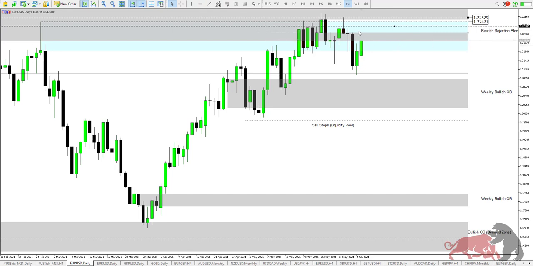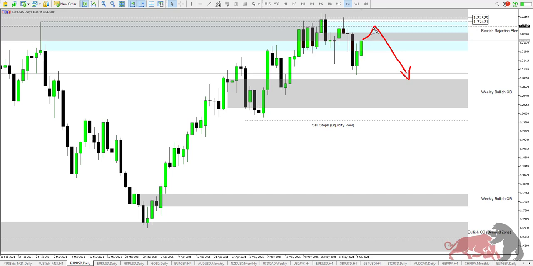Now you can clearly see the 50% mean threshold of that bearish order block is coming in at 1.22300. So for EURUSD, I'm expecting some strength getting into 1.22300 before the market turns to the downside. That's what I'm expecting euro to do.